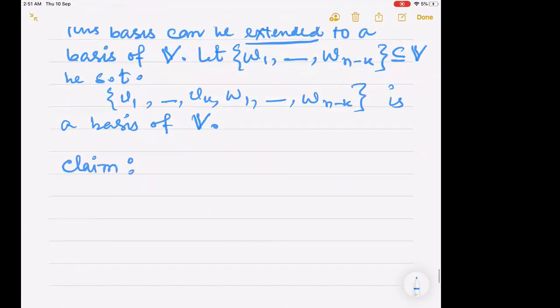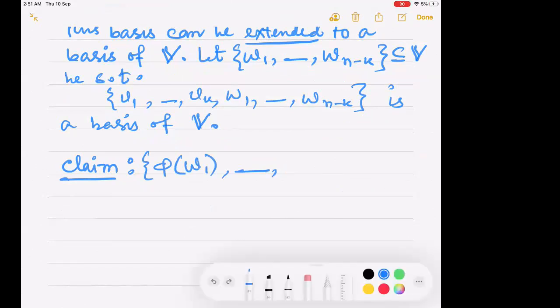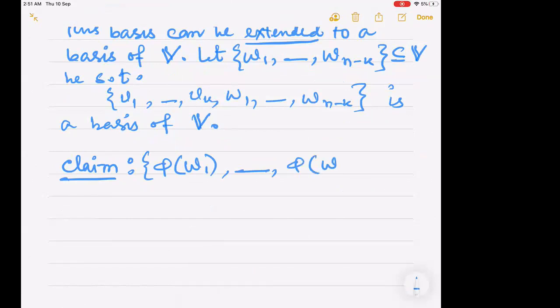Now what we claim is the following. Claim: phi acting on w1 up to phi acting on wn minus k is a basis for, any guess, the image of phi. Now, how do we prove this claim?